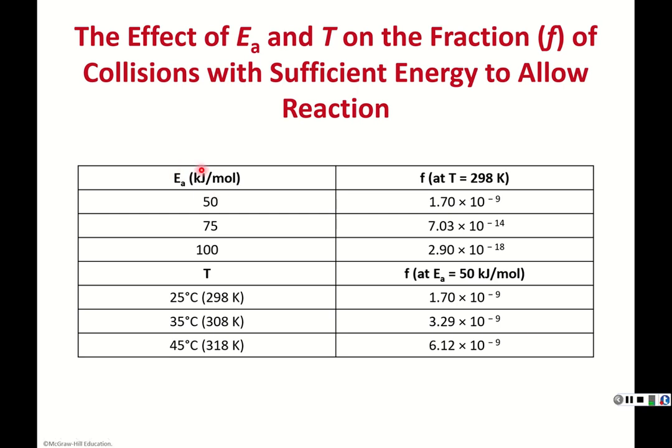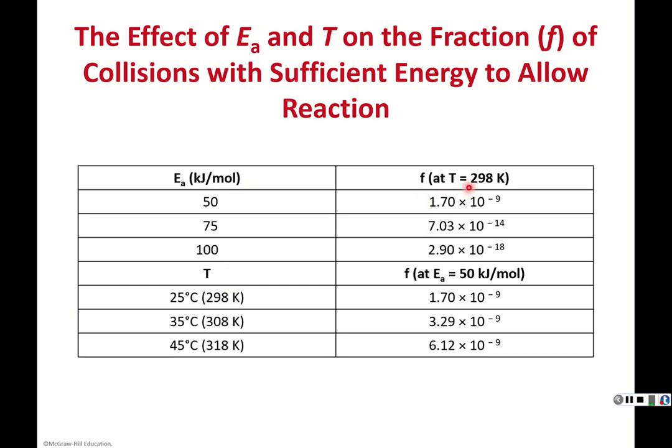This plot here shows the effect of activation energy and temperature on the fraction of collisions with sufficient energy to allow a reaction. If we're increasing activation energy, that's a bad thing in terms of trying to get a reaction to go, right? You're making the barrier higher, and that's shown here.